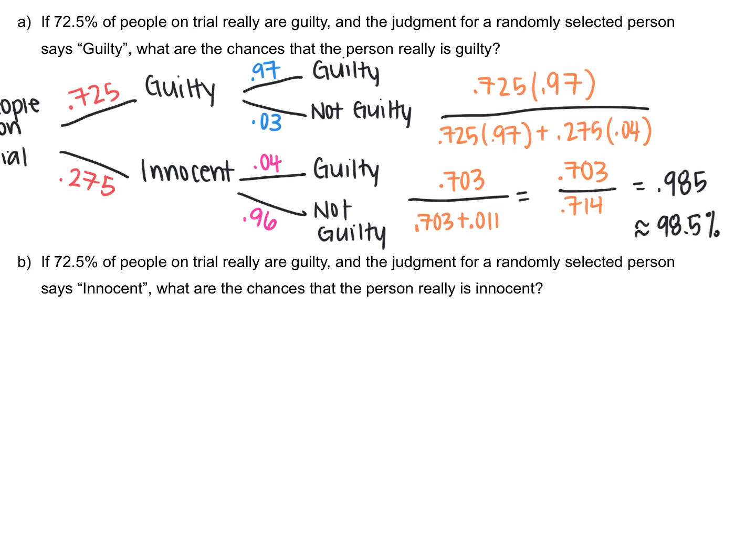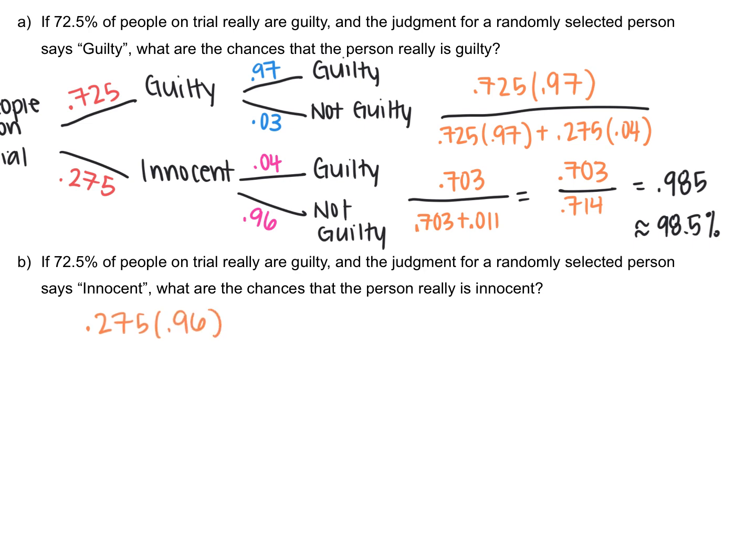So let's talk about the same situation. 72.5% of people on trial are really guilty. Judgment comes back innocent. What are the chances that person really is innocent? So I'm not going to redo the tree diagram. It's the exact same tree diagram. But now we're going to go off of innocent. So our numerator is innocent and you're found not guilty, which is 0.275 times 0.96.